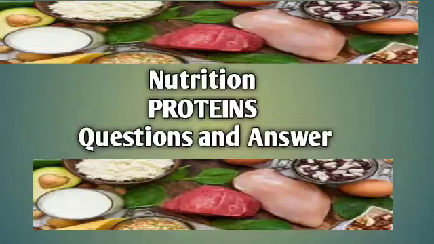Phenylketonuria, or PKU, is a disorder that affects the way the body processes protein. Phenylketones are toxic to the brain.